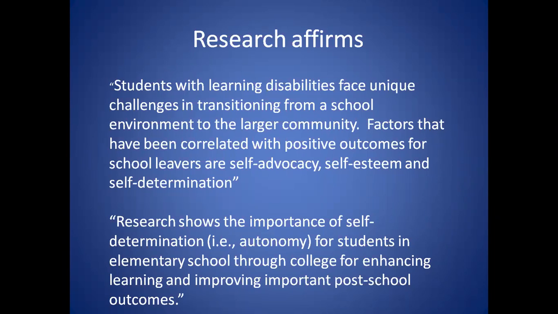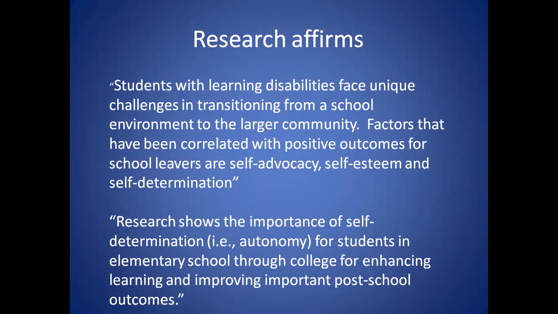These are other words for what we just talked about. They're able to speak up for themselves, they feel good about themselves, and they believe what they do will make a difference in determining their future. And that last one, self-determination, is also called self-efficacy. If you try to do something, how much do you believe in your ability to do it?